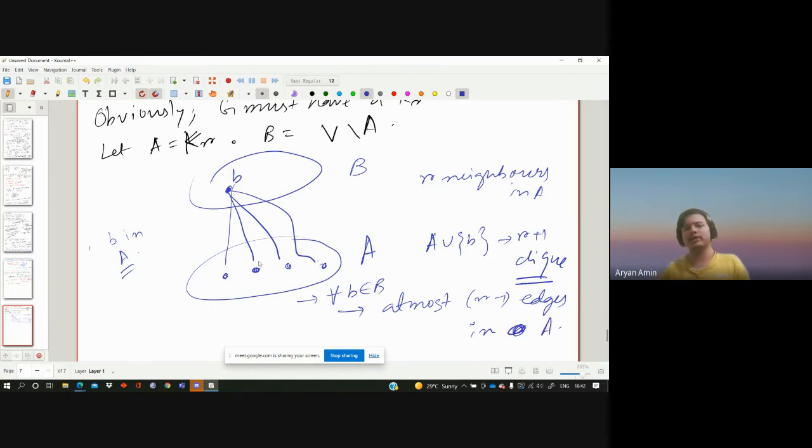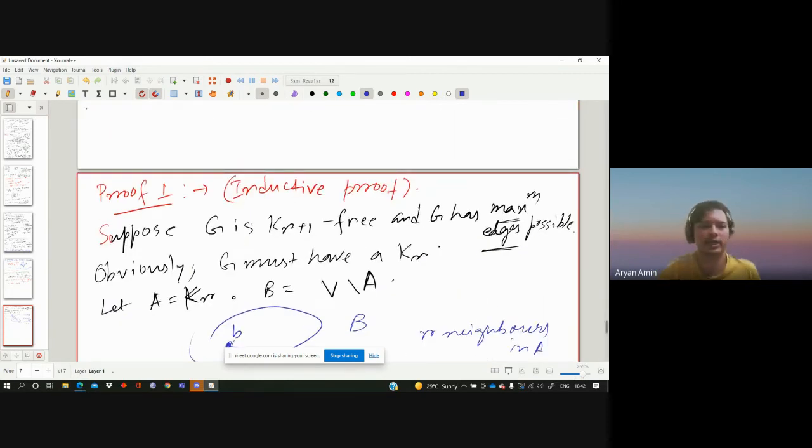Also, I mentioned it previously, we are using an inductive approach, right? So we assumed it's true for graphs with less than n vertices.